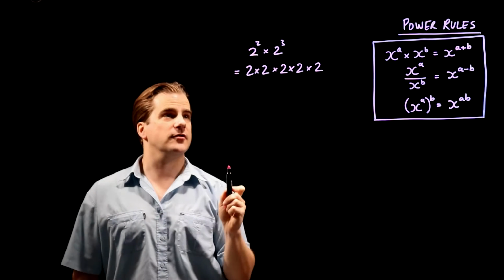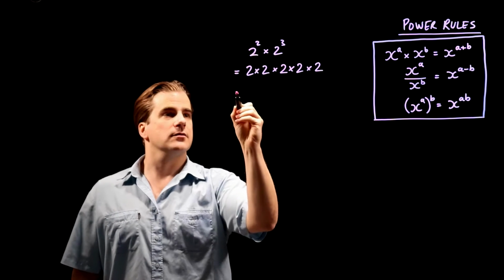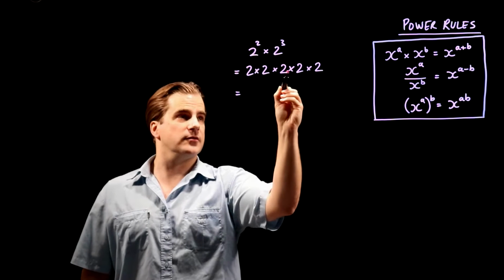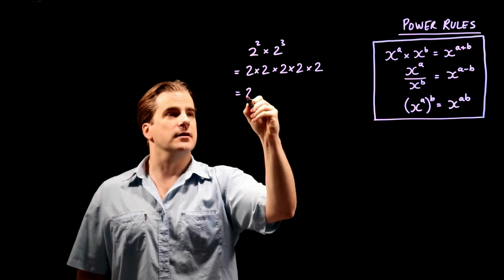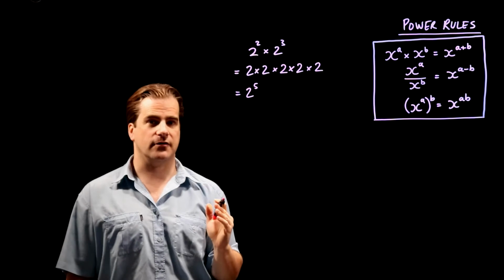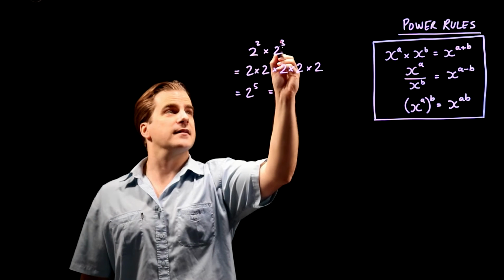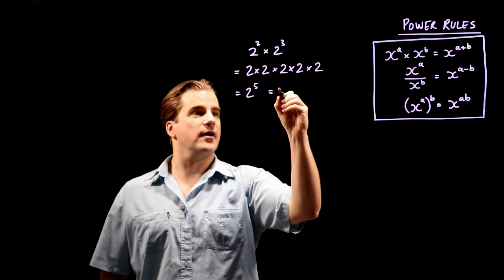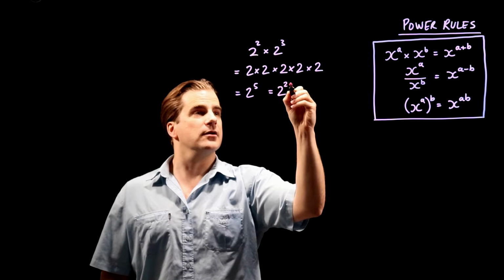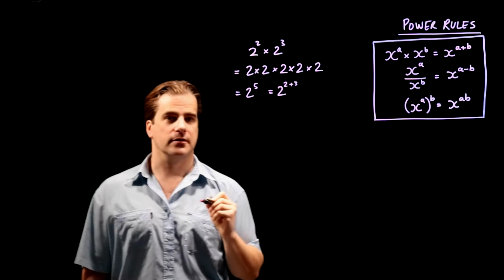So 2 squared times 2 cubed is 2 times 2 times 2 times 2 times 2, which is 2 to the power of 5. Which you notice is that plus that. 2 to the power of 5 is 2 to the power of 2 plus 3. Okay?